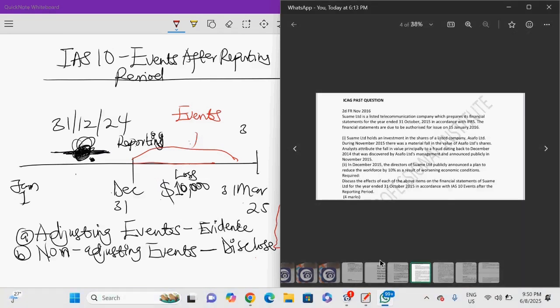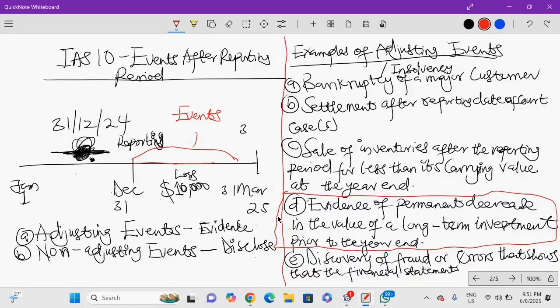During the year, there was a material fall in the value of Asafo Limited's shares. So here it's share specific. If you were basing your answer on the example I gave, about the permanent decrease in long-term investment, I'm sorry, that is talking about physical investments, physical assets.